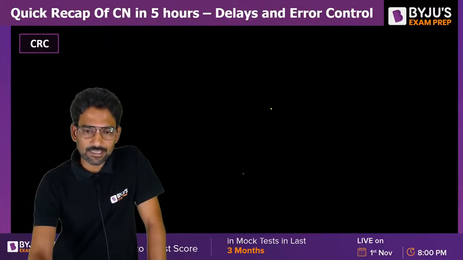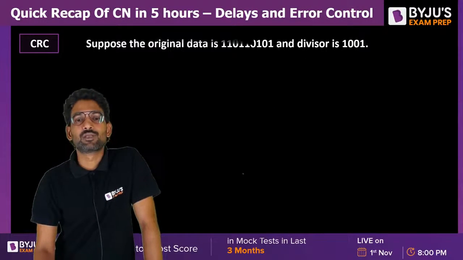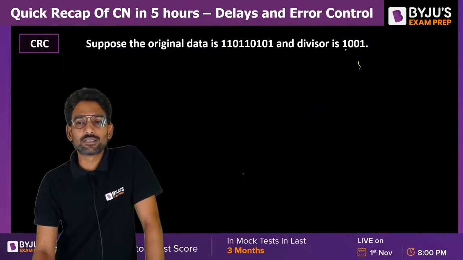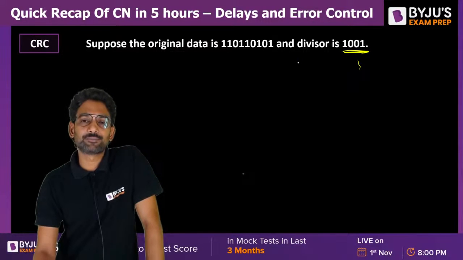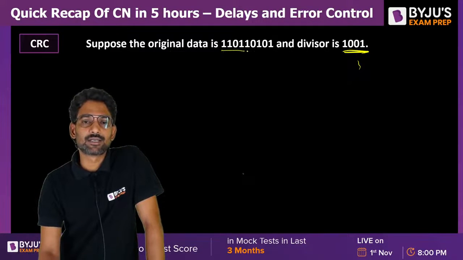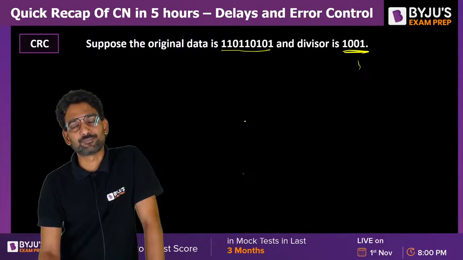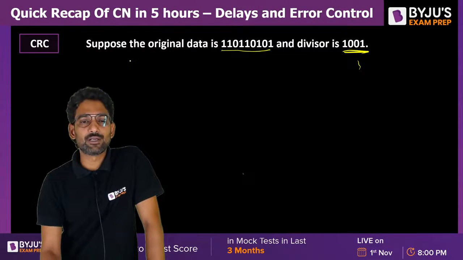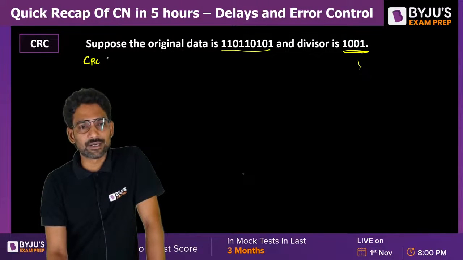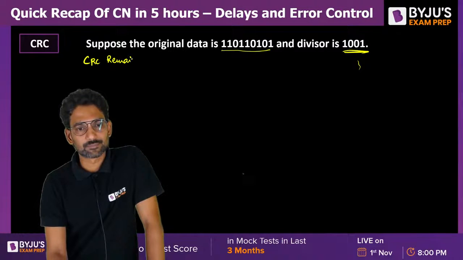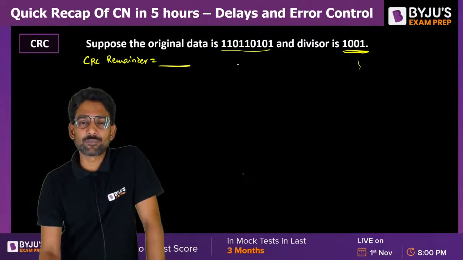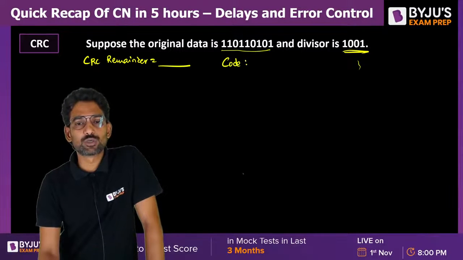Okay. Now let's see the example. We are given 1101 as the divisor and this is the data you have to transmit. So find out the CRC remainder, or sometimes you will be asked what is the code word.